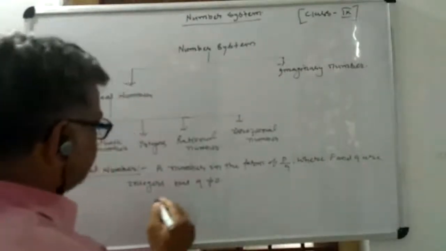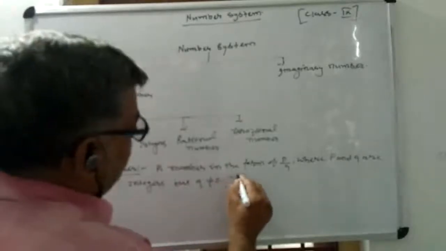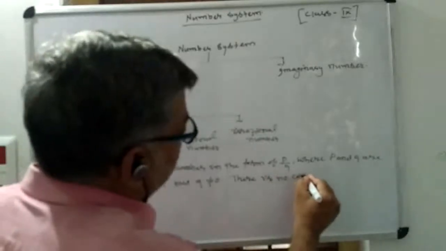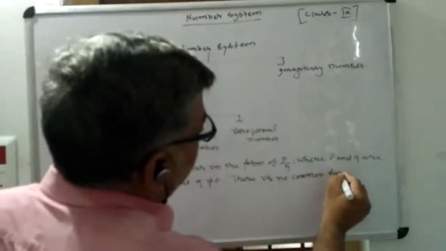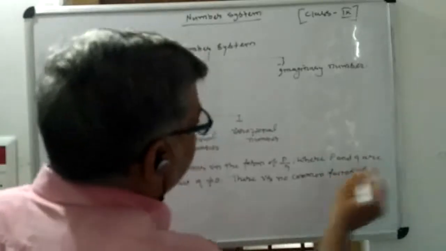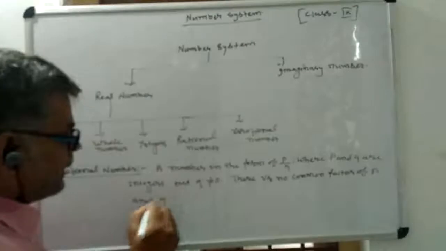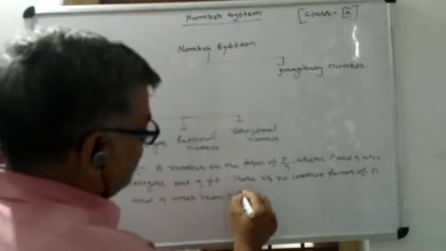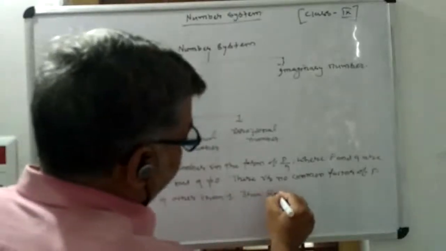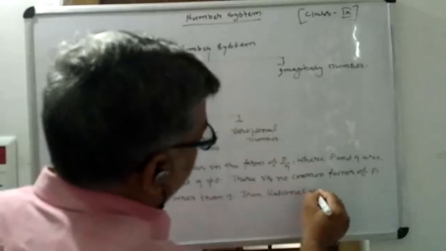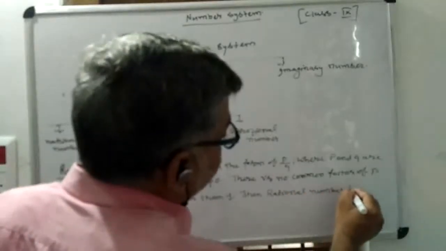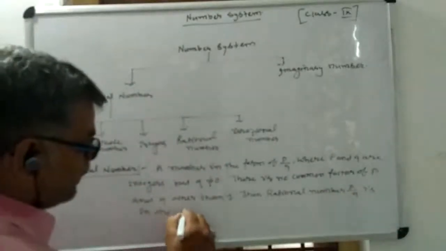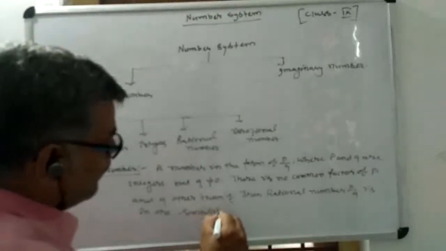And if there is no common factor of p and q other than 1, then the rational number p by q is in the simplest form.